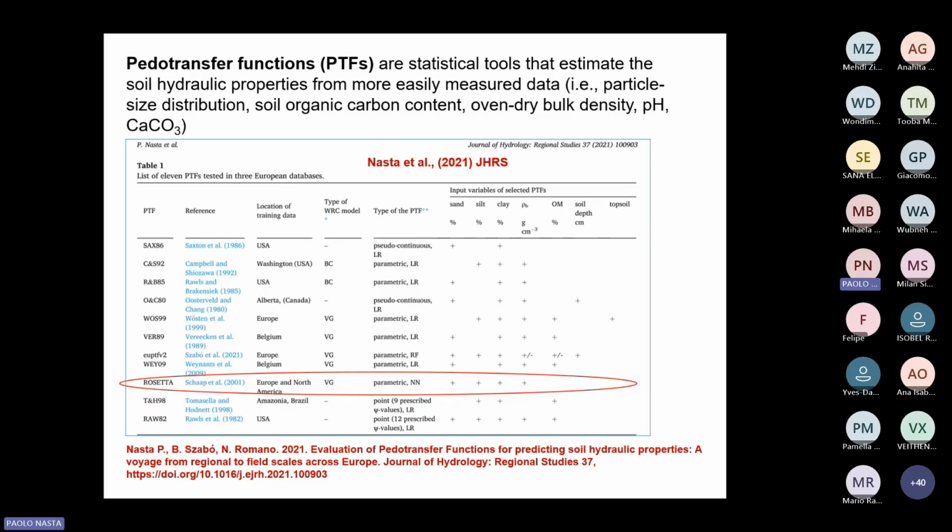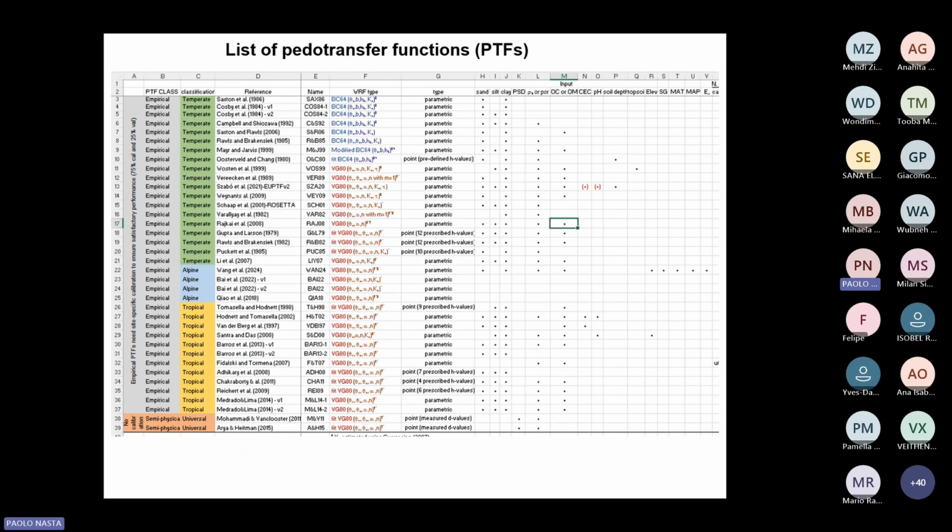They are of different complexities. And here I highlight that the Rosetta pedotransfer function is implemented into Hydrus 1D. And so we are going to use that based on the knowledge of sand, silt, clay, and bulk density, and so on. But there are different pedotransfer functions.